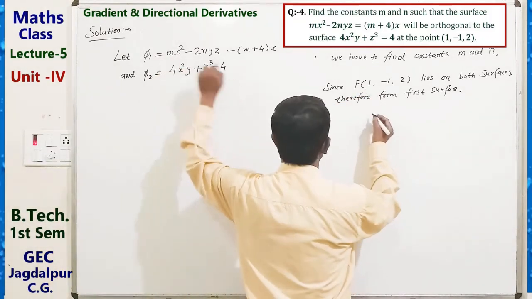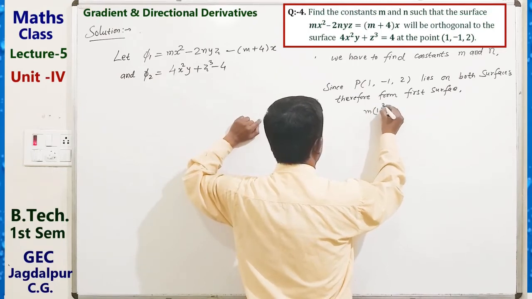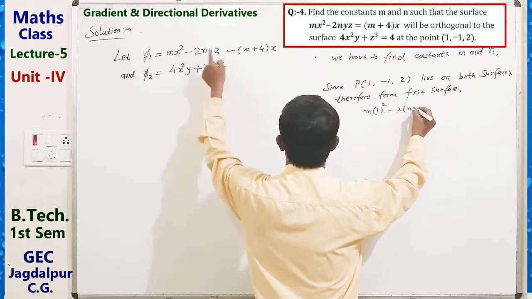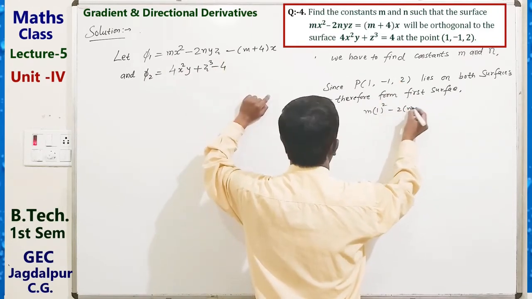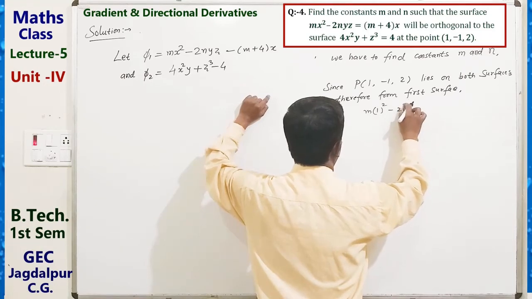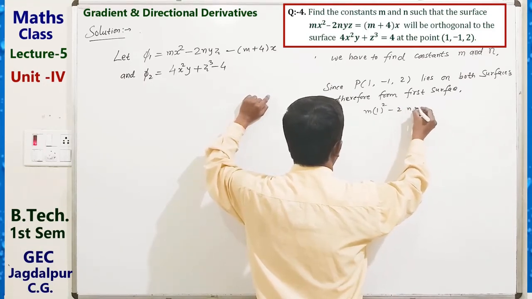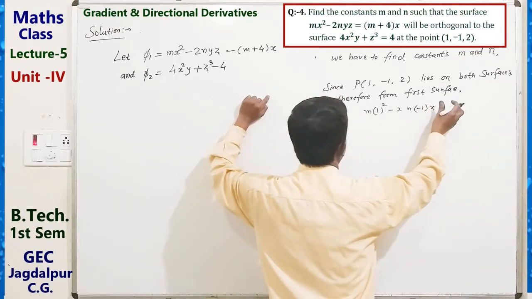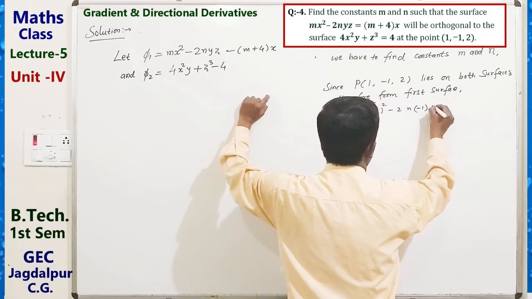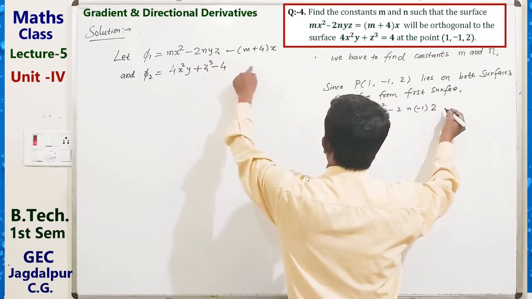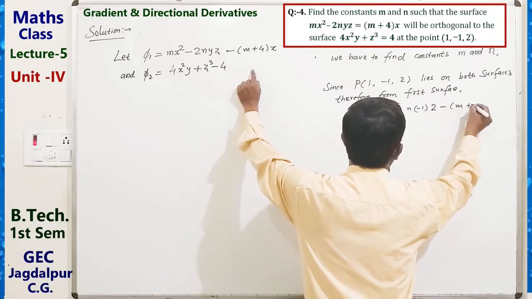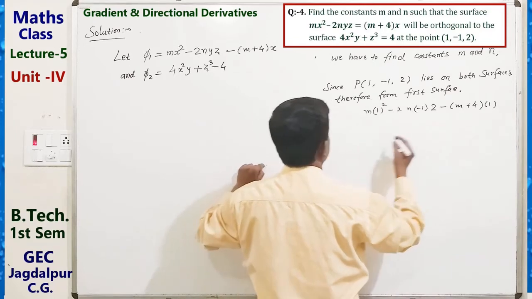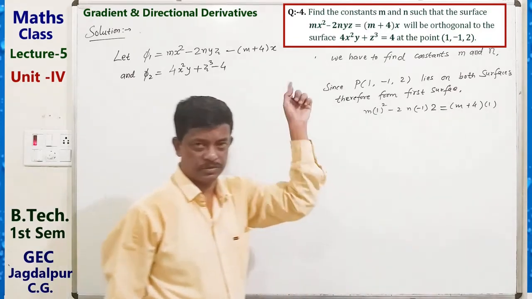So here m 1 square x equal to 1 square minus 2n y equals to minus 1, z equals to 2 minus 1, 2 minus m plus 4 into 1, from the first surface, like this.